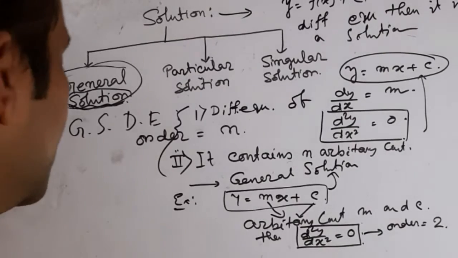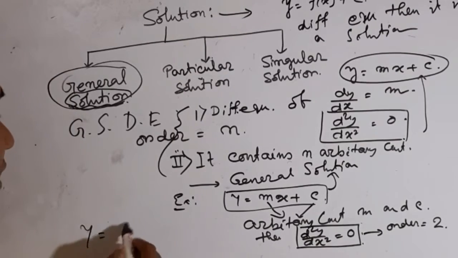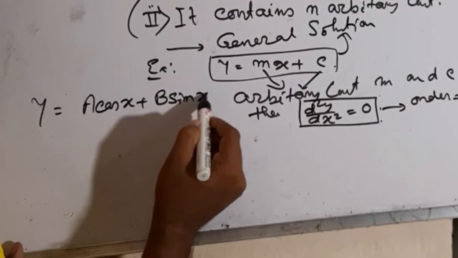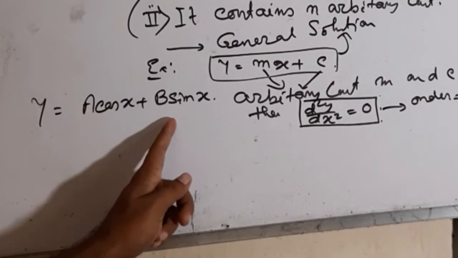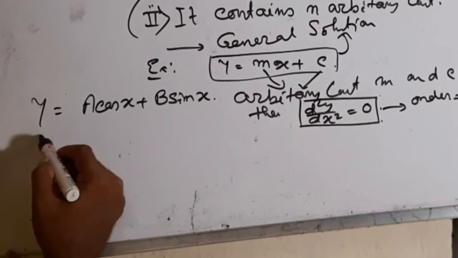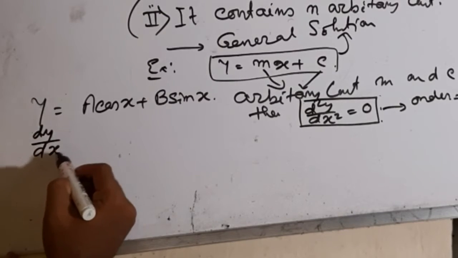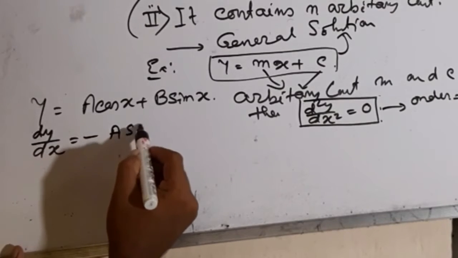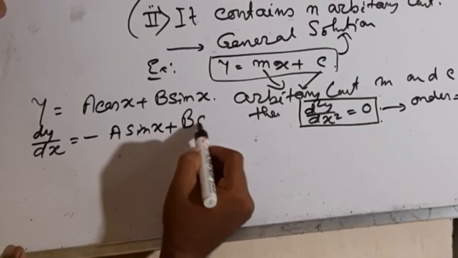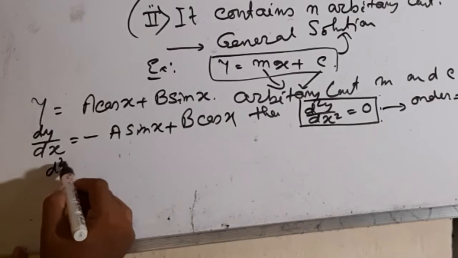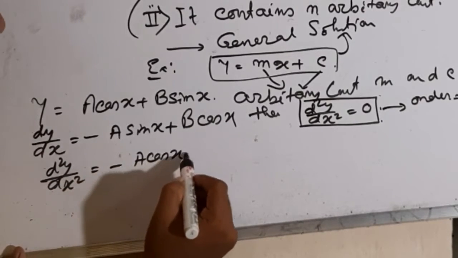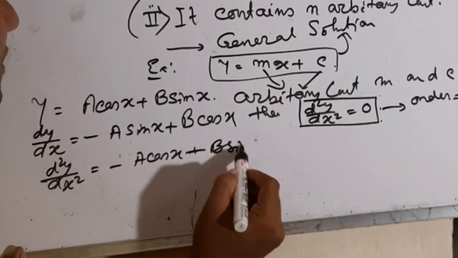As another example, y is equal to a cos x plus b sin x, where a and b are arbitrary constants. dy/dx is minus a sin x plus b cos x, and d2y/dx2 is minus a cos x minus b sin x.